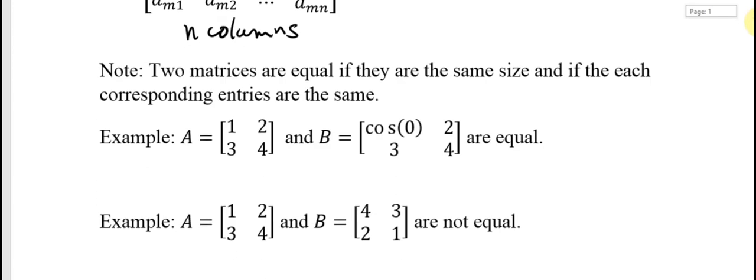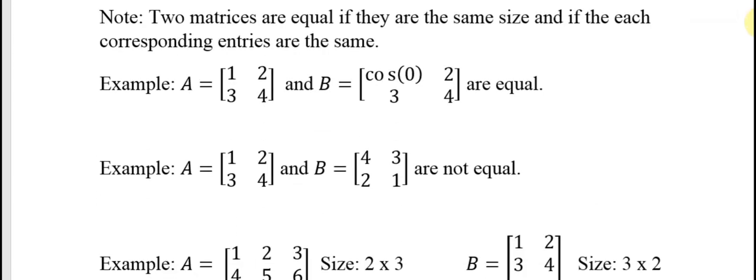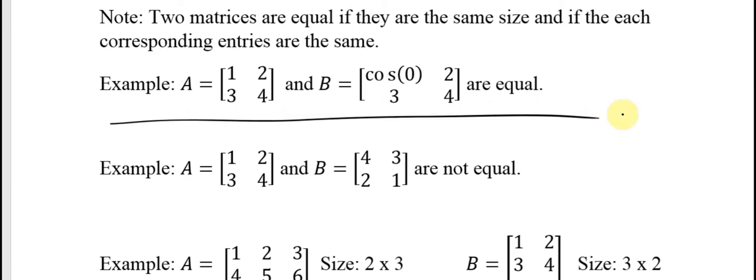Let's see. We look at the first example. Look at these two matrices, A and B. Well, this is cosine of 0. Cosine of 0 is 1, so those entries would be 1, 2, 3, 4. So the matrices are the same size.